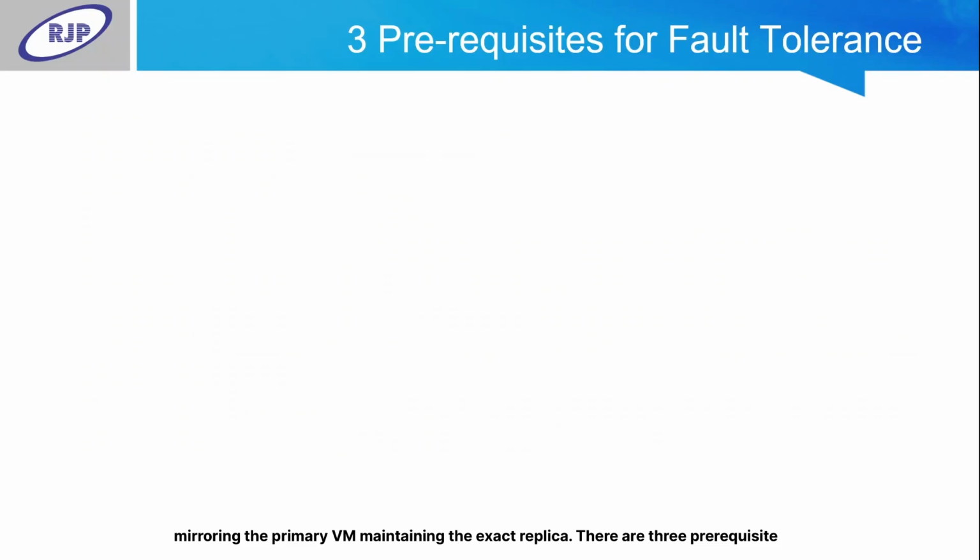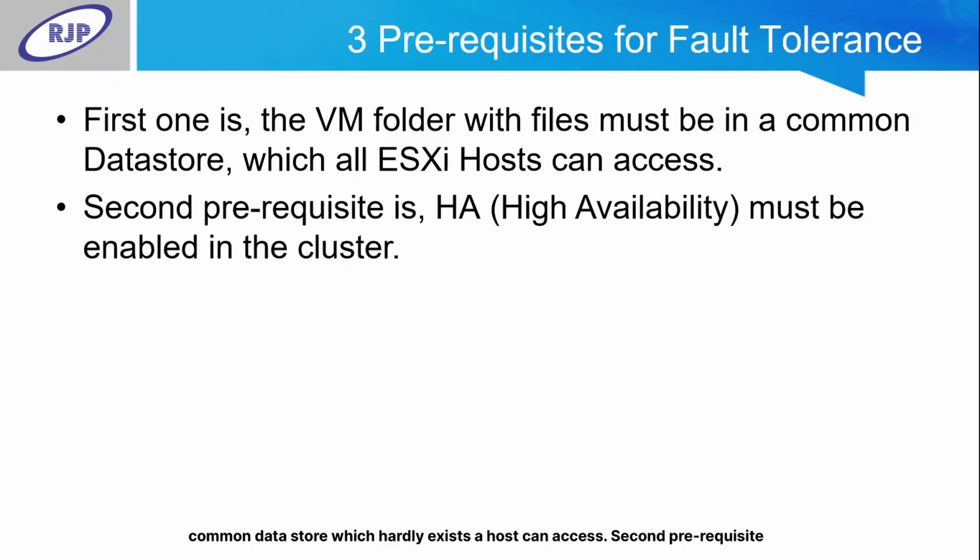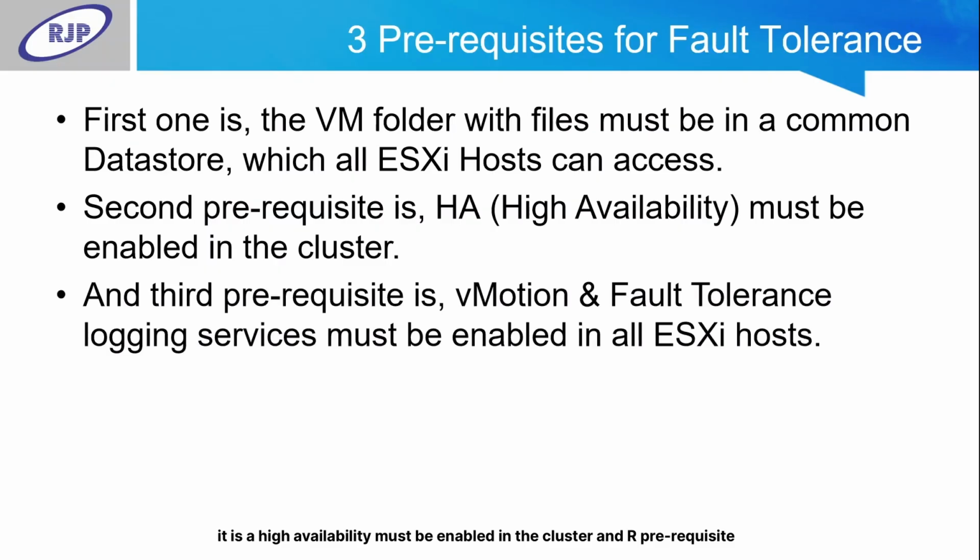There are three prerequisites for fault tolerance. First, the VM folder with files must be in a common datastore which all ESXi hosts can access. Second prerequisite is HA, that is high availability, must be enabled in the cluster.